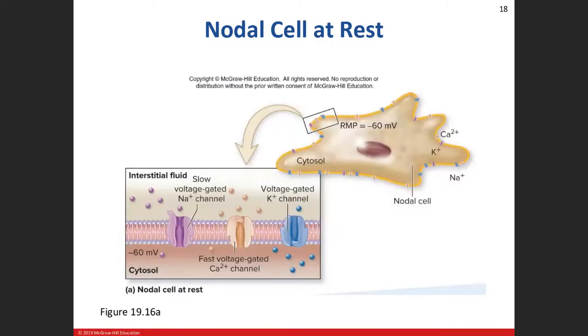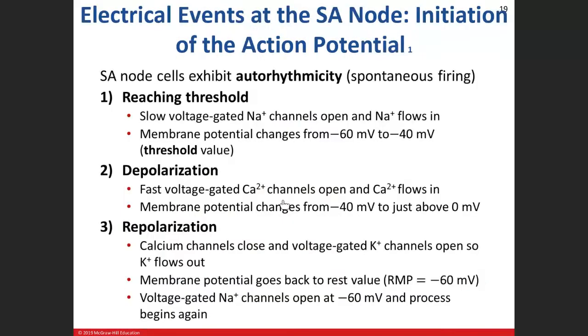Okay, so you can see a picture here of our nodal cell. Okay, centralized nucleus here. All throughout the plasma membrane, we have these channels located throughout. Okay, so what's the purpose? Let's talk about how a nodal cell will start to initiate an action potential. So, huge.